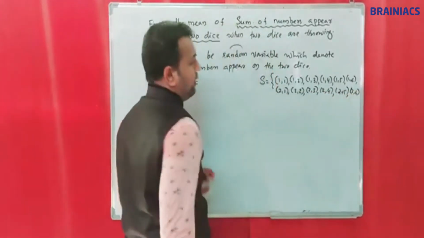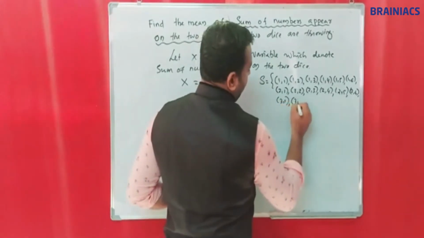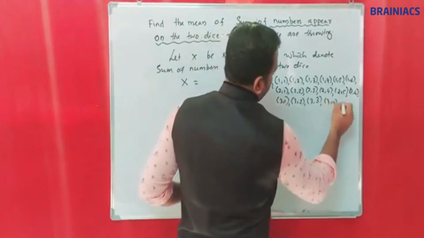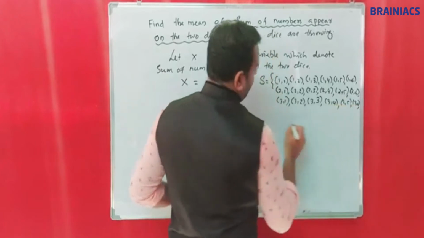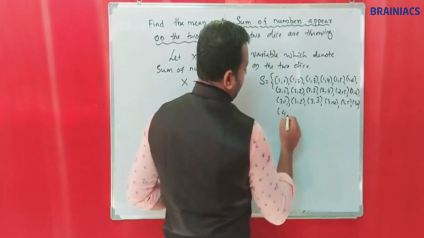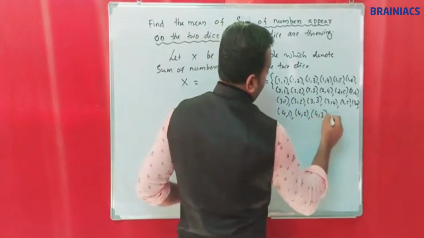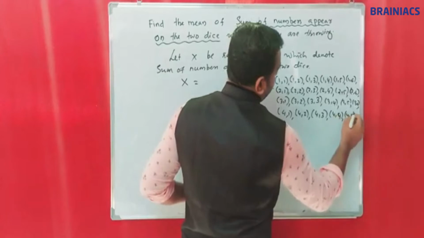Then 3 1, 3 2, 3 3, 3 4, 3 5, 3 6. And 4 1, 4 2, 4 3, 4 4, 4 5, 4 6.